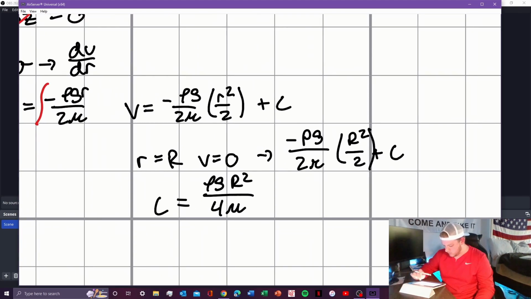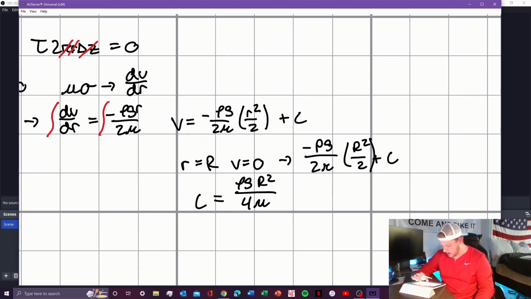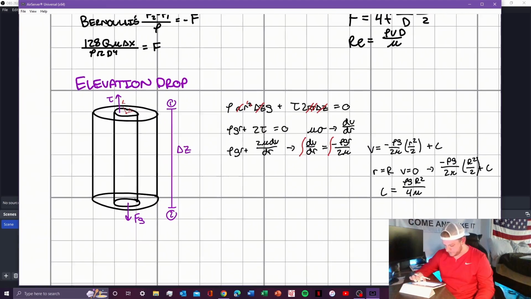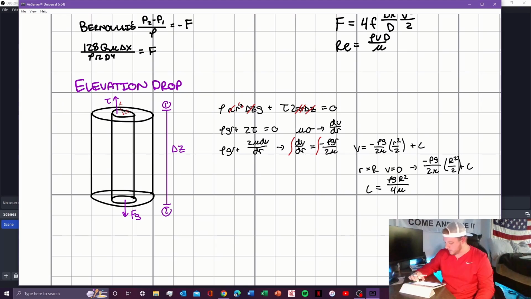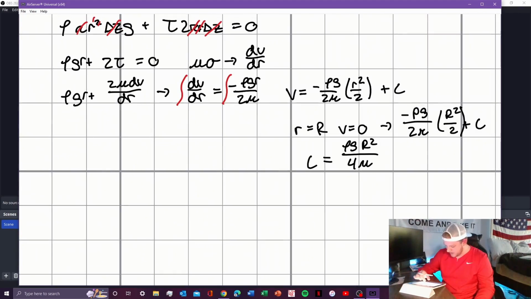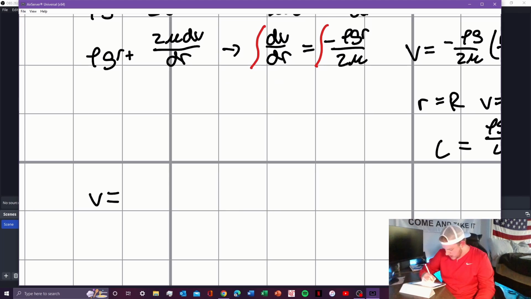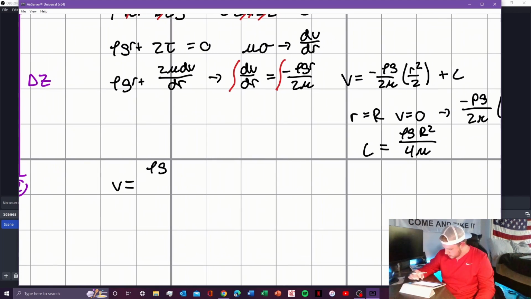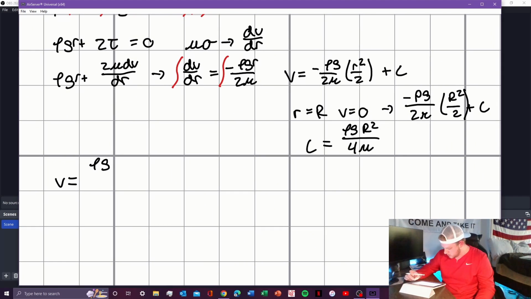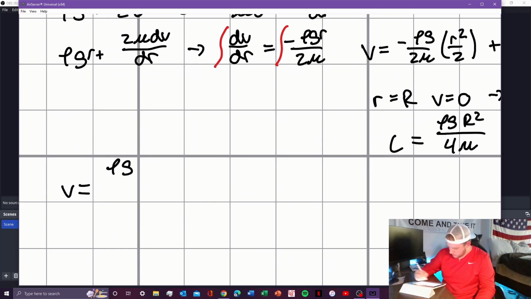Again, when r is equal to big R, the flow is 0 because they would be the same width. So if we plug that back in for v, we get v is equal to rho g over 4 mu times big R squared minus r squared.